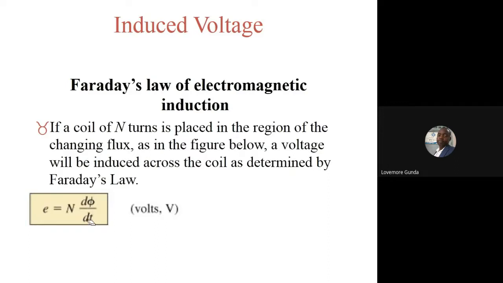That gives us the induced voltage. So that's the illustration: if you're changing the magnetic field through a conductor, you have different values of voltages being induced depending on the values.